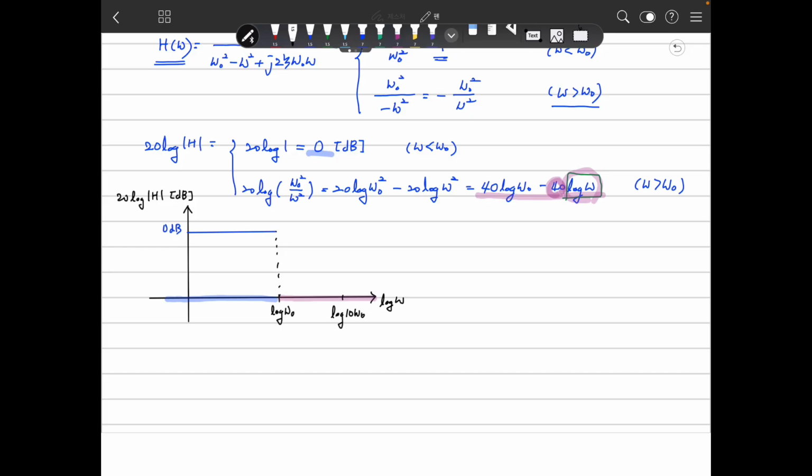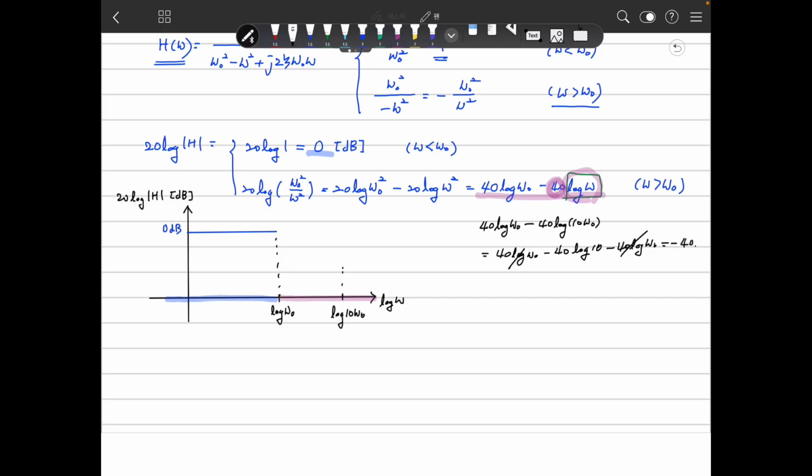So when we insert, for example, 40 log omega 0 minus 40 log 10 omega 0, that means 40 log omega 0 minus 40 log 10 minus 40 log omega 0. So it's eliminated, and that will be minus 40. What's the meaning of that?